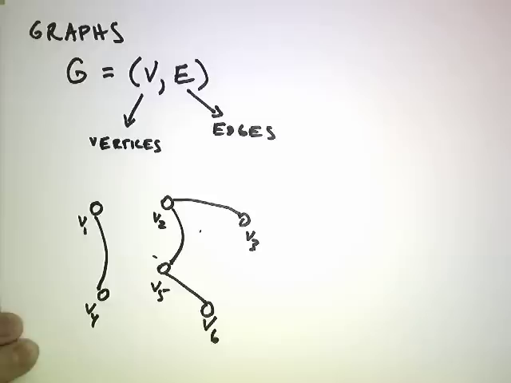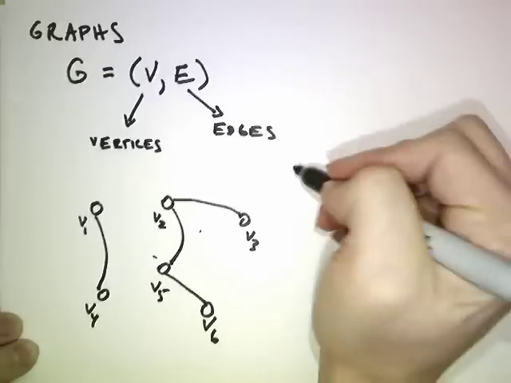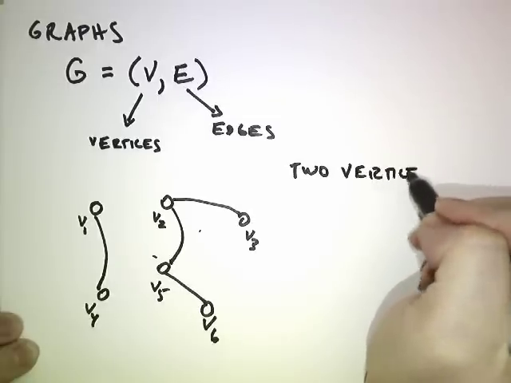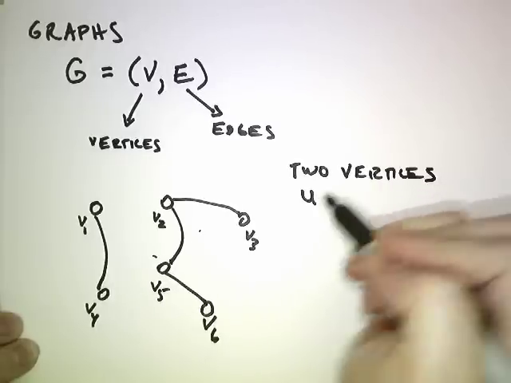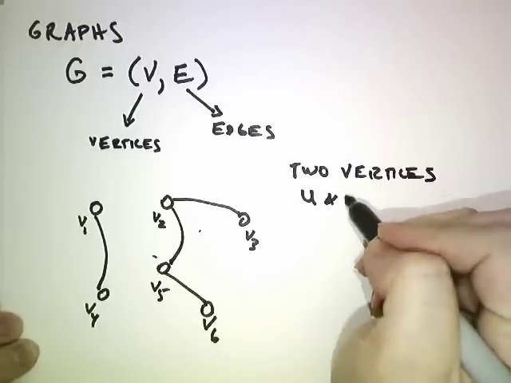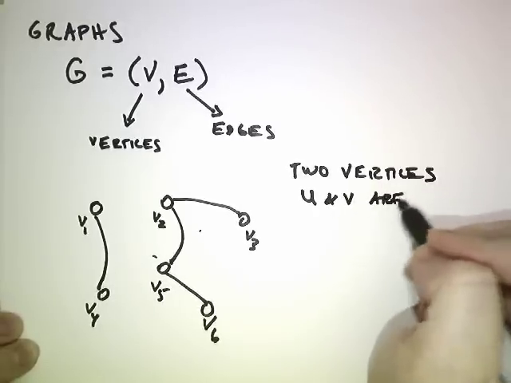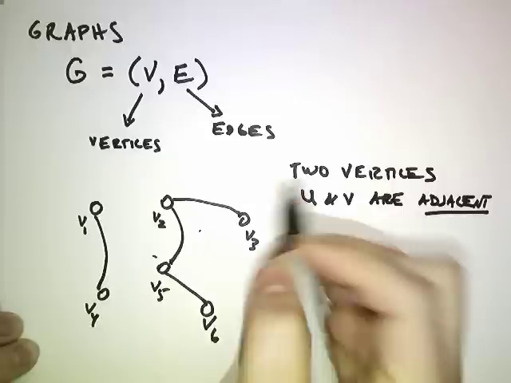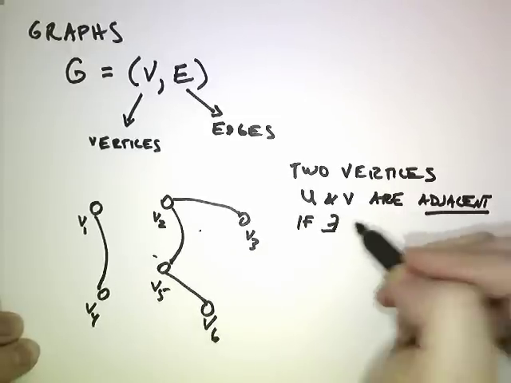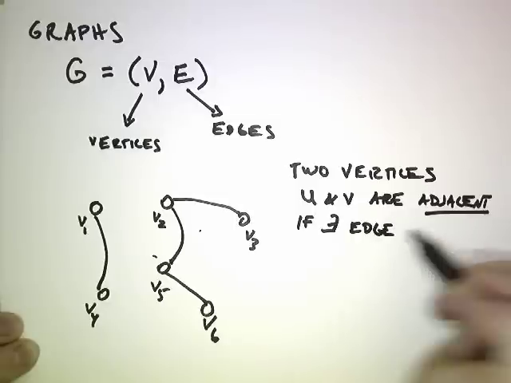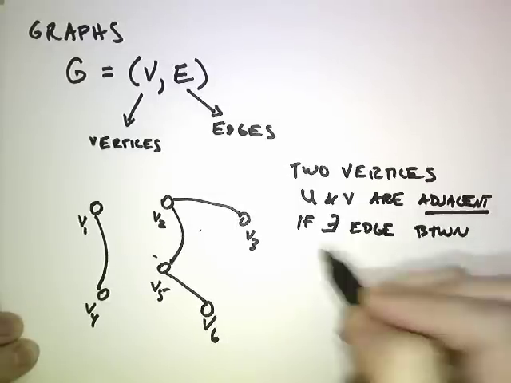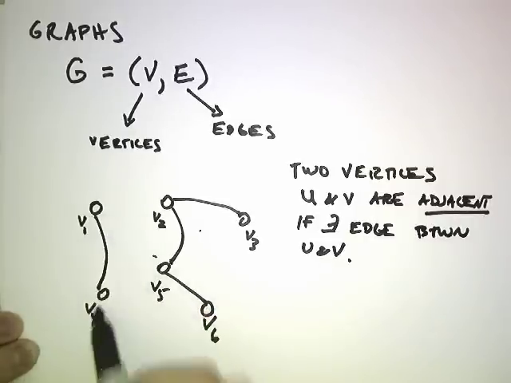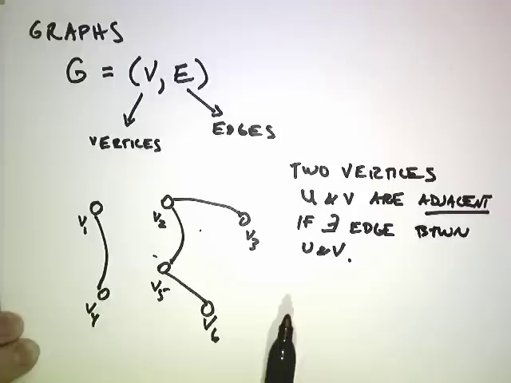Okay, so we say that two vertices U and V are adjacent if there exists an edge between U and V. So for example, V1 and V4, they're adjacent vertices.